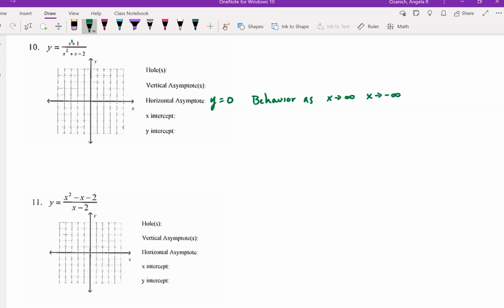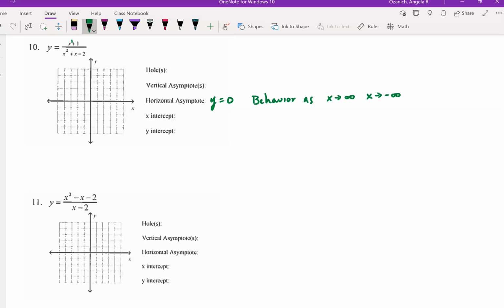So your horizontal asymptote doesn't mean there won't be a point locally that might exist on that line y equals 0, but the rest of the graph is going to be bound by your horizontal asymptote as x goes to infinity and negative infinity.